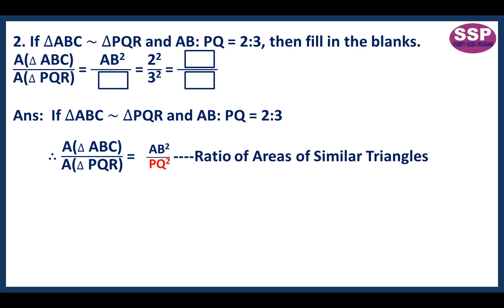Therefore, area of triangle ABC upon area of triangle PQR is equal to AB square upon PQ square because ratio of areas of similar triangles, is equal to 2 square upon 3 square, is equal to 4 upon 9. The answer will be 4 upon 9.